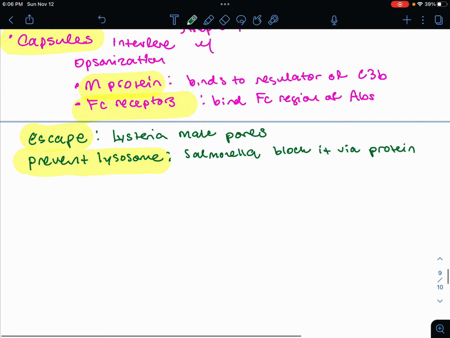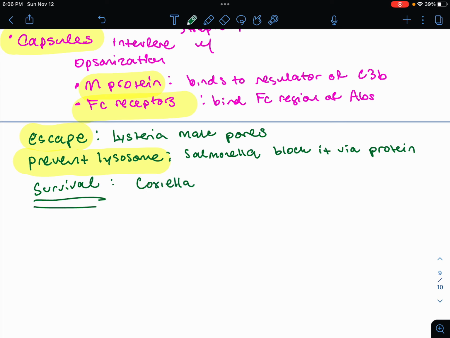And then there's also survival. One of them that can actually survive, this is extremely rare, is Coxiella burnetii. And this is Q fever. This is the rarest method of surviving a phagocyte.